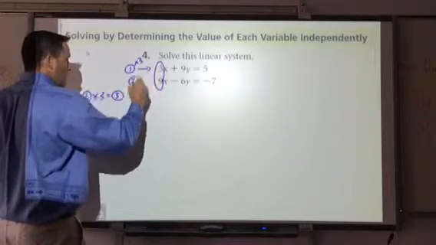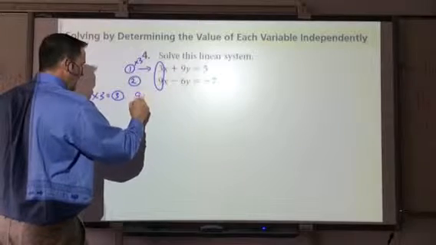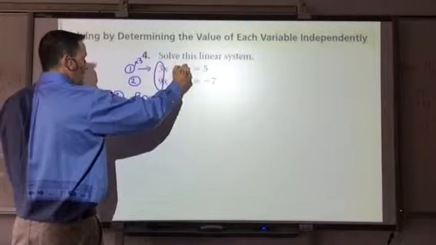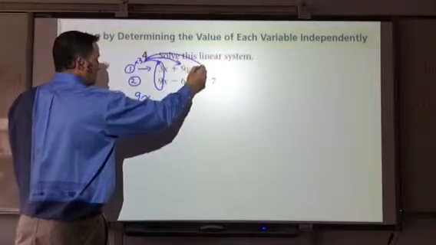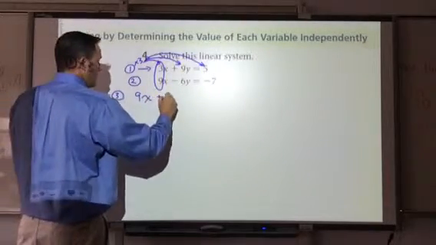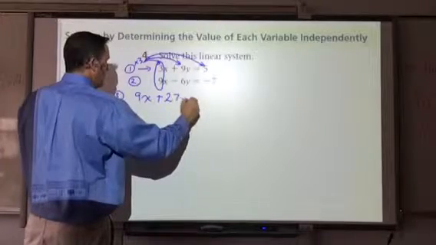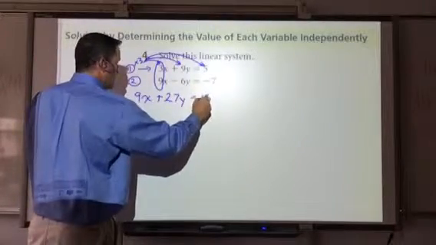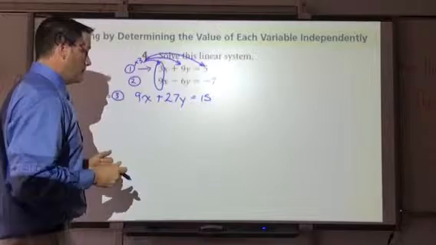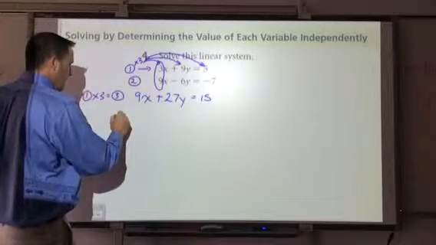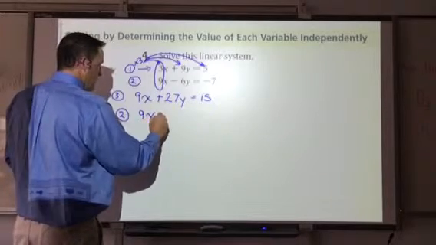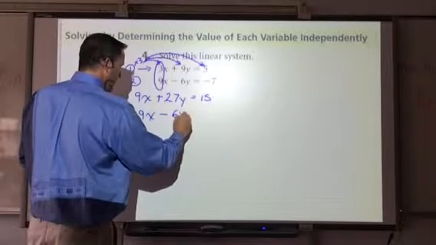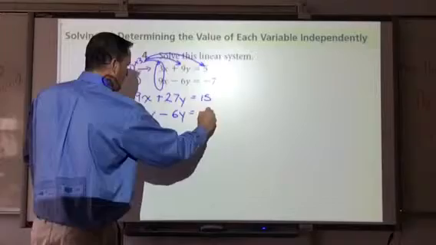So 3 times 3x is 9x, and times the rest, plus 27y equals 15. Everything in equation 1 was multiplied by 3. Now I'm going to just bring down equation 2. It's still 9x minus 6y equals -7.